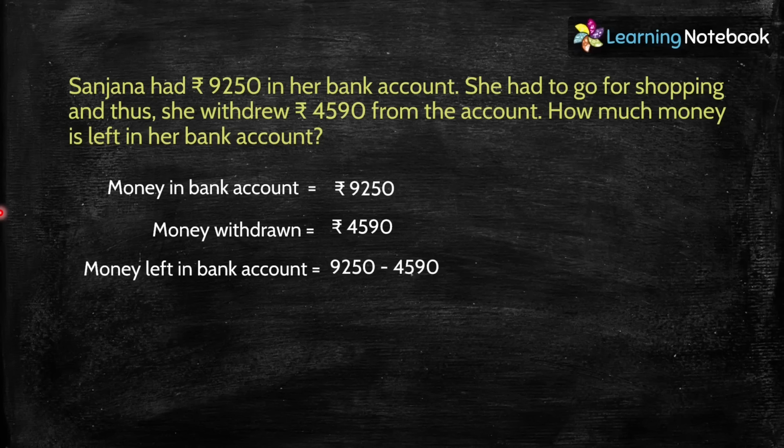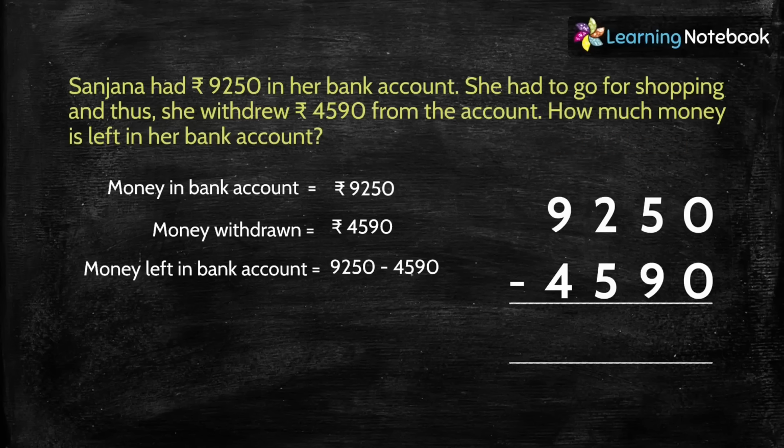Now to find the money left in the bank account, we will subtract these two numbers. So let's do it. First we will write them in column and now we will start subtracting them from ones place. 0 minus 0 equals 0. Now let's move to tens place, but 5 is smaller than 9. So it will borrow from hundreds place. So 2 becomes 1 and 5 becomes 15. Now 15 minus 9 equals 6.